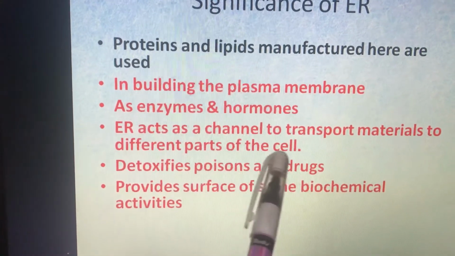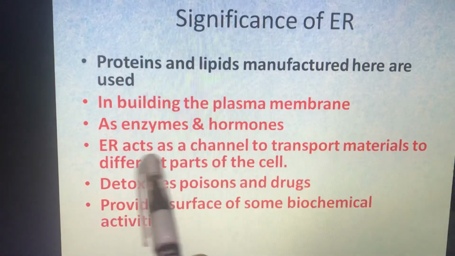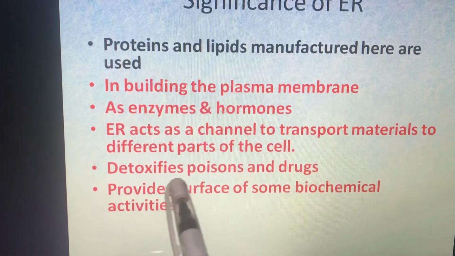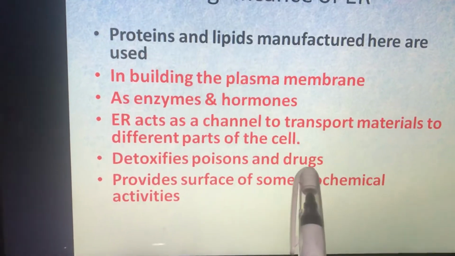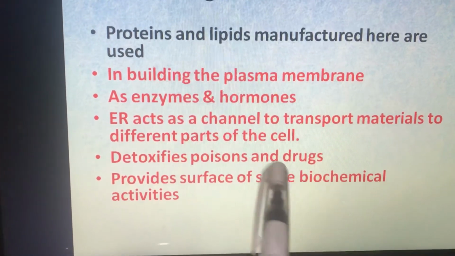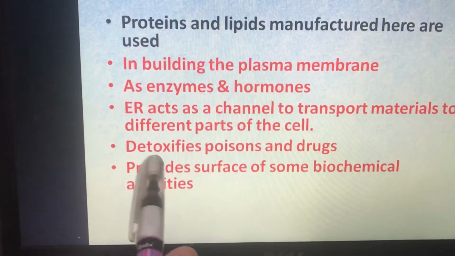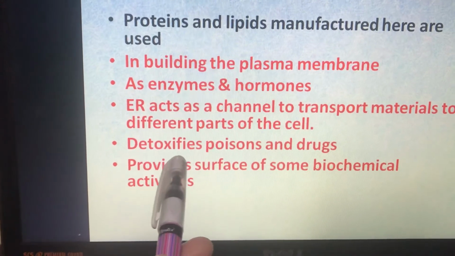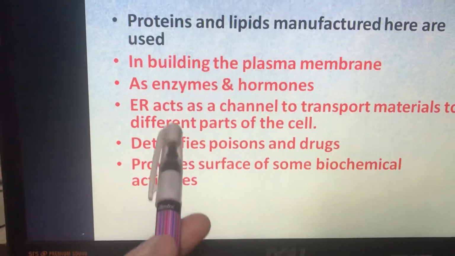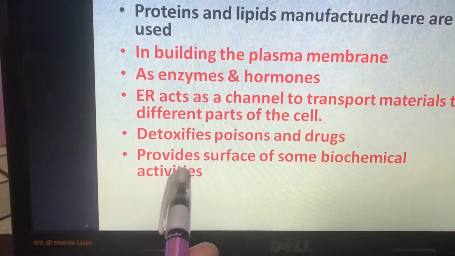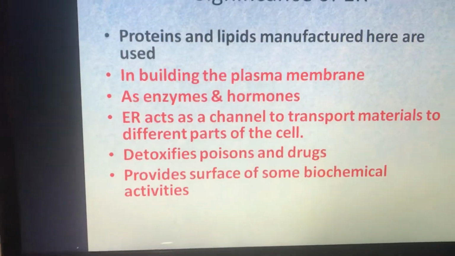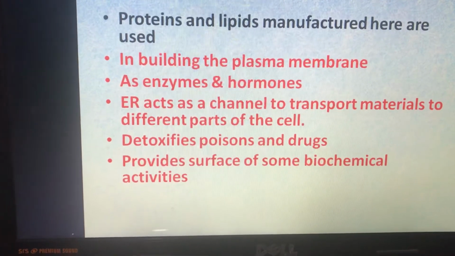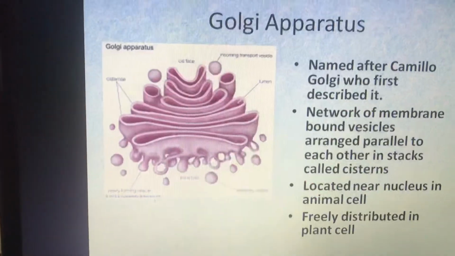It acts as a channel to transport materials to different parts of the cell, and detoxifies poisons and drugs. So if some foreign substances enter the cell, then the cell gets detoxified because of these proteins, and they provide surface for some biochemical activities. Some important activities also take place on their surface.